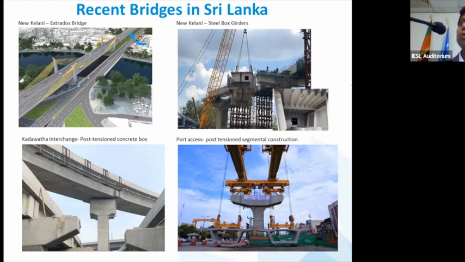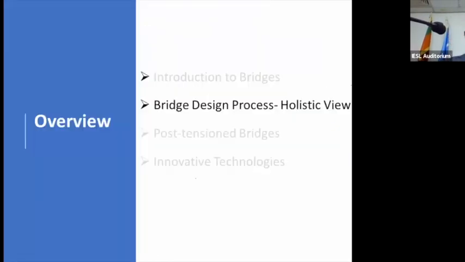So if you have these bridges, what I wanted to emphasize is, what is the procedure we should follow to achieve these ones? So on that note, let's follow on with my presentation a little bit further. As I mentioned, this is the process that I wanted to emphasize a little bit more.